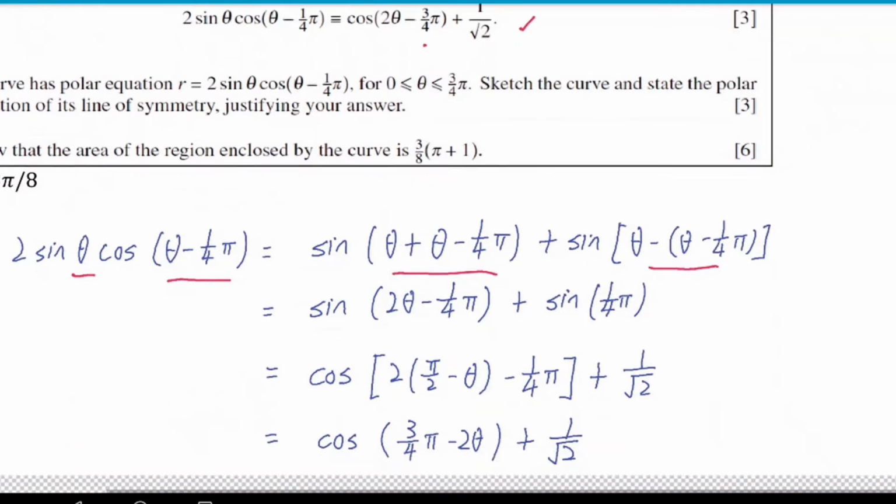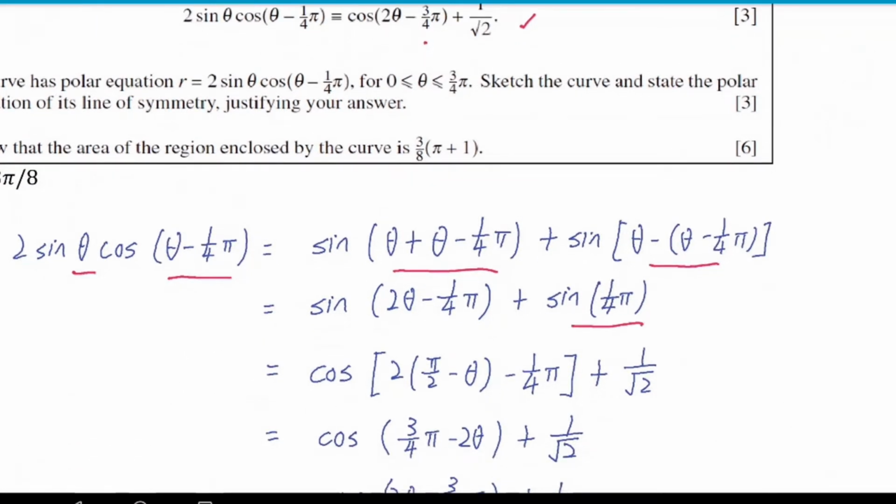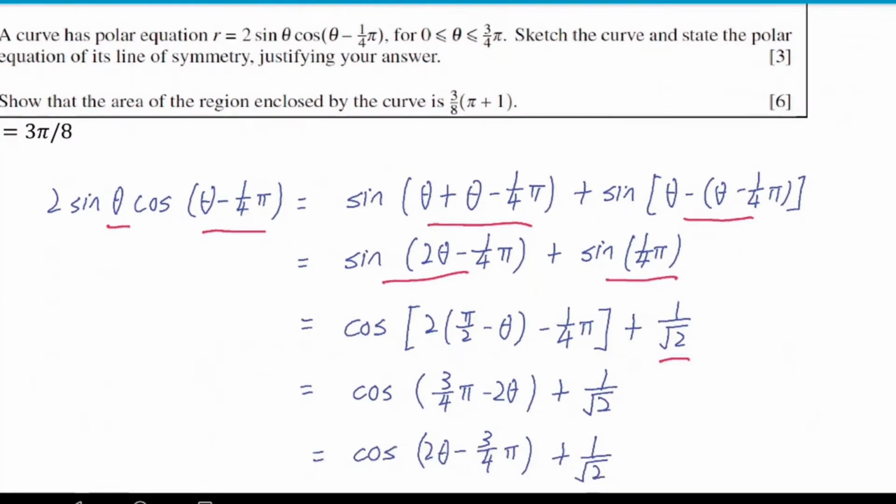So in the next part, the second term, we know that is sine 1 over 4 pi. So sine 1 over 4 pi here is 1 over root 2, of course. So we are getting the 1 over root 2 there. How do we get the first thing here? From a sine, how do we get the cos is that we are using the property where sine theta equals cos of pi over 2 minus theta.